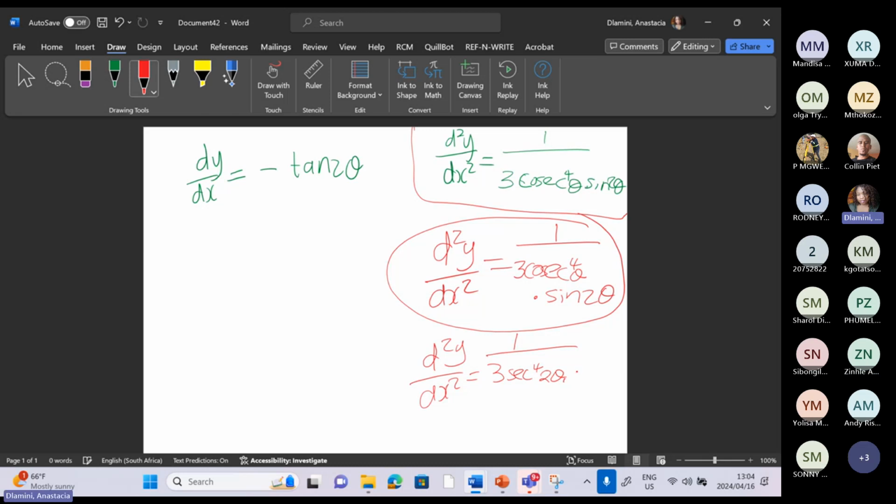Yes, cosec. Okay, here it's 2 theta for me as well. So I got 1/3 sec to the power 4 2 theta times sine 2 theta.